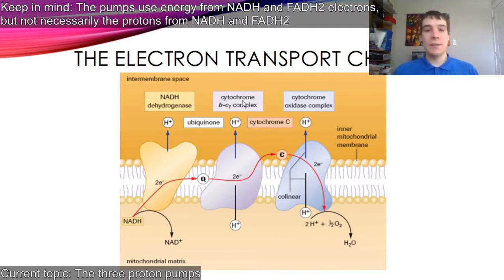Cytochrome is one of those interesting chemistry terms where back in the day they didn't have the tools to actually figure out what these things looked like, but they could tell that they were a different color than other ones. Cyto is the Latin for cell, and chrome is the Latin for color, so this is literally just cell color BC1, and this is cell color oxidase.